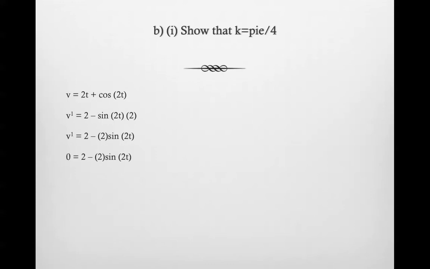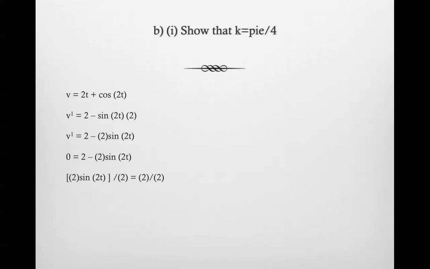So at this point, we can sub in 0 for acceleration, as stated previously, in order to find what t is, which will eventually lead us to k. So 0 equals 2 minus 2 sine 2t. We bring the negative 2 sine 2t to the other side and it becomes positive, and then divide both sides by 2.